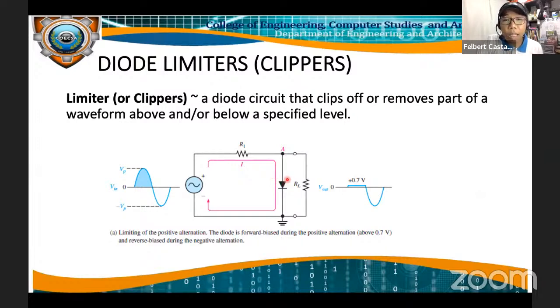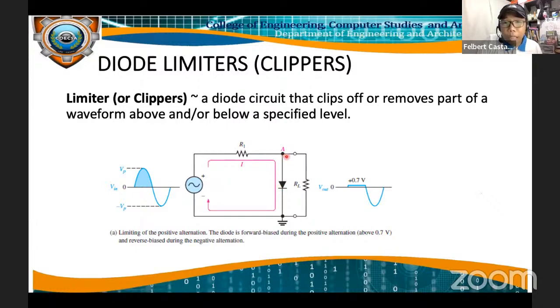Ibig sabihin, magkakonduct ito. Kapag ideal yung diode natin, short lang yung lalabas dyan, parang wire lang din. So 0 voltage. But if it is a silicon diode, practical na consideration, meron tayong diode voltage which is equivalent to, kapag silicon, 0.7 volts.